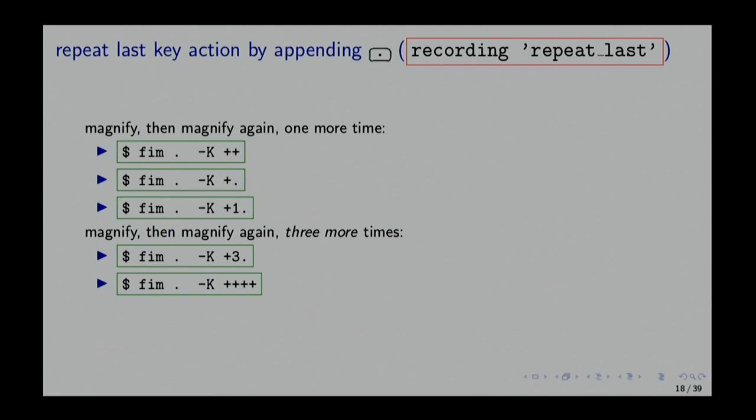If you prepend a number to the dot, it will repeat the last command that amount of times. So this can spare you a bit of typing interactively, but also in this special mode here. Of course, this just applies to the last command, not to the last combo or last series of things.